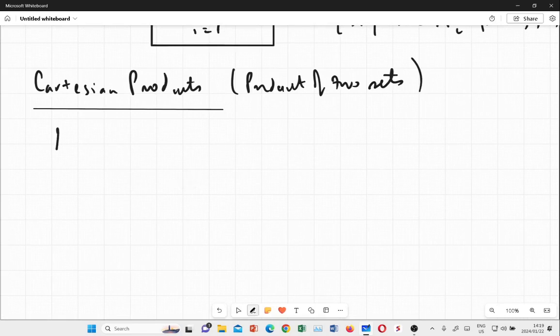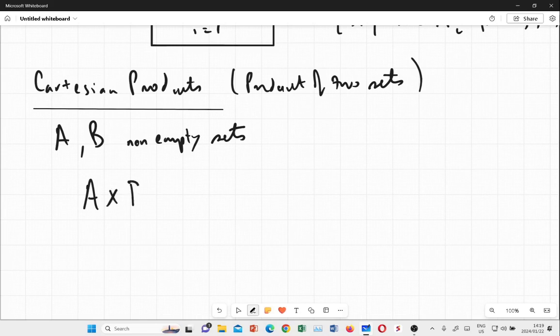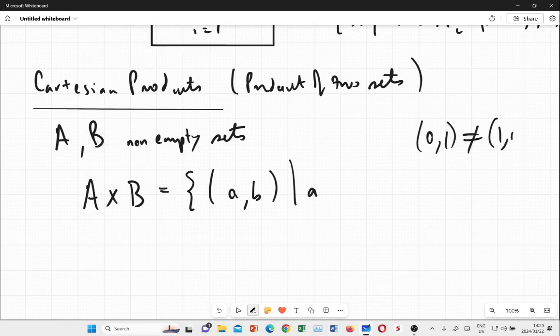Okay, so we start off with two non-empty sets, just like two numbers. Now we want to define what is in fact the product of these two sets. In this case, the product of these two sets is the set of ordered pairs (a, b). So remember the order is important. For example, (0, 1) is not the same as (1, 0).